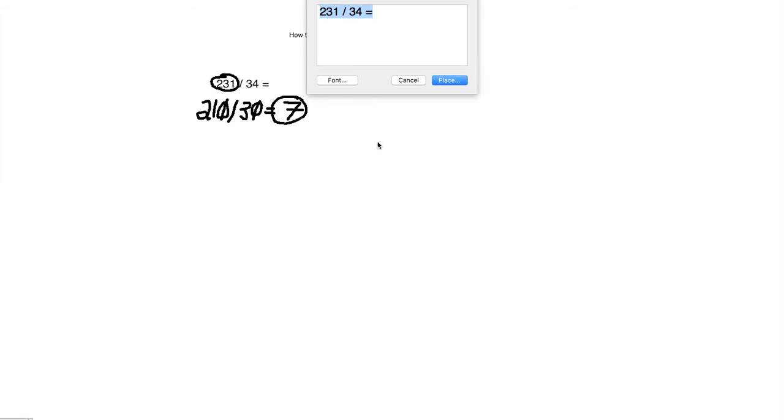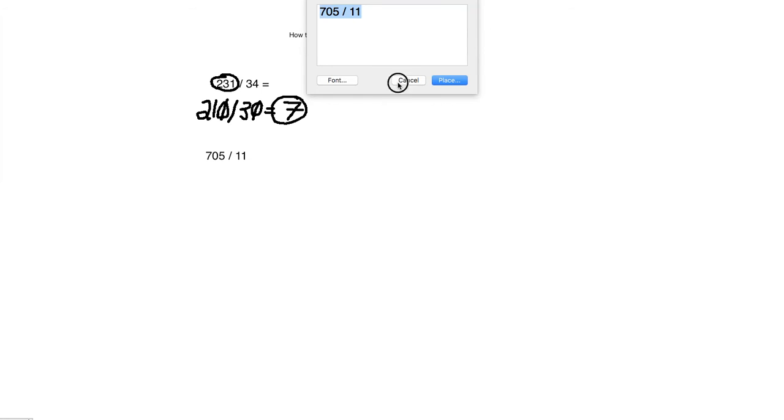All right, let's do another one. Let's say 705 divided by 11. This is kind of easy. The question is, what are you going to estimate 11 to, to make it a compatible number?